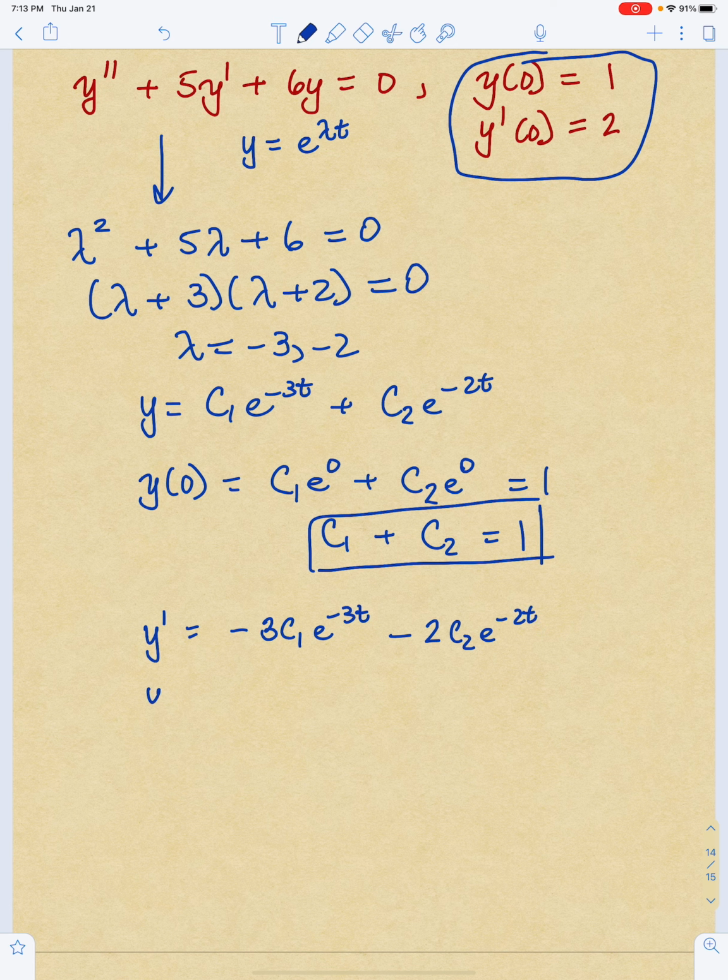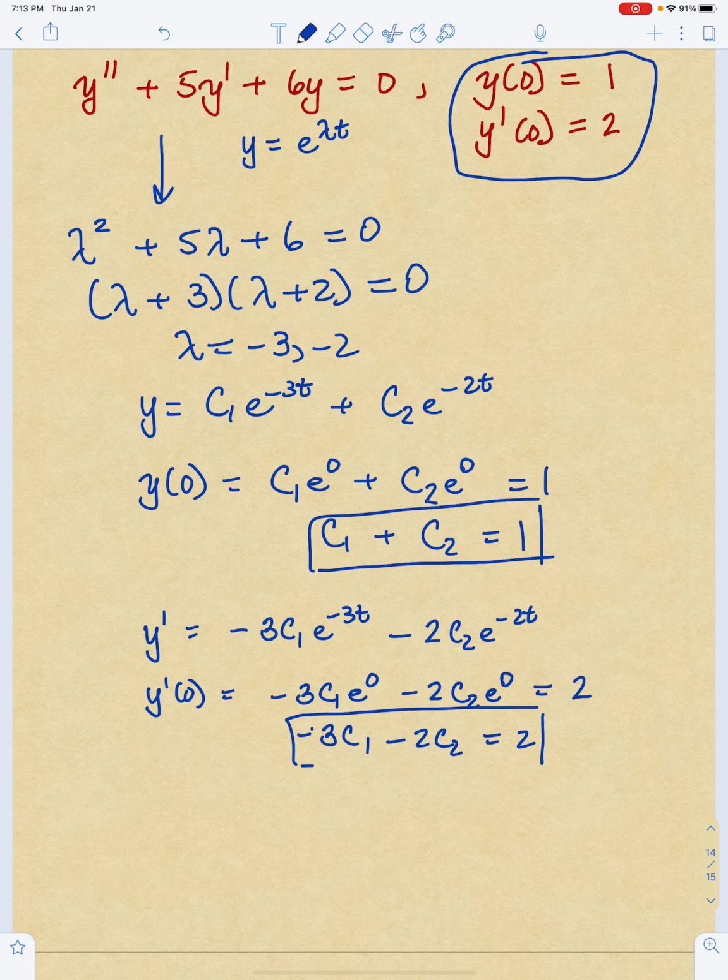And now when I plug in 0 to the derivative, which is negative 3c1 e to the 0 minus 2c2 e to the 0, I'm supposed to get 2. So that means, in short, negative 3c1 minus 2c2 is equal to 2. So there's my second equation involving c1 and c2.